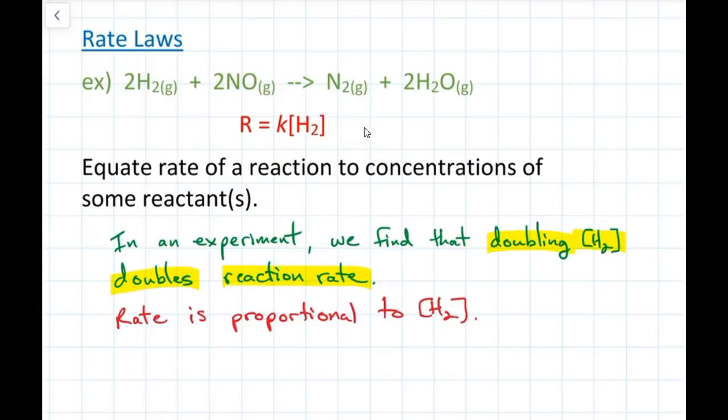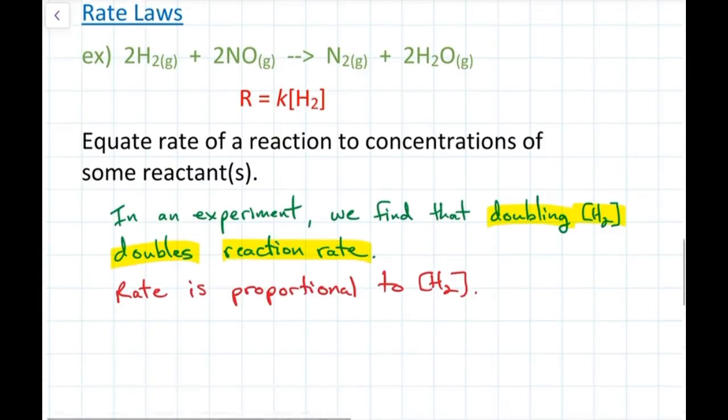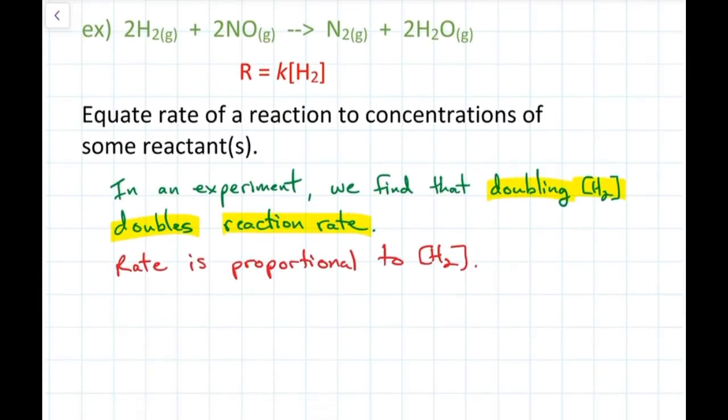Okay, let's say we do a little bit more. And by the way, I should finish this statement. It says, in experiment we find that doubling H2 doubles the reaction rate. If I really want to write a rate law for hydrogen, I have to hold the other reactant constant, right? Because we don't want two variables.